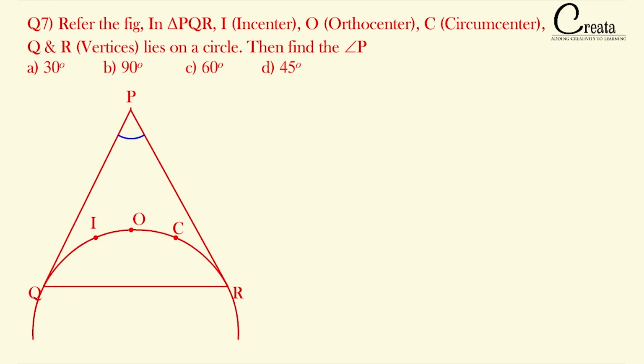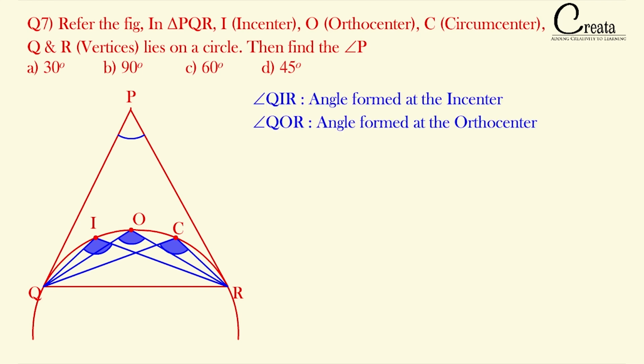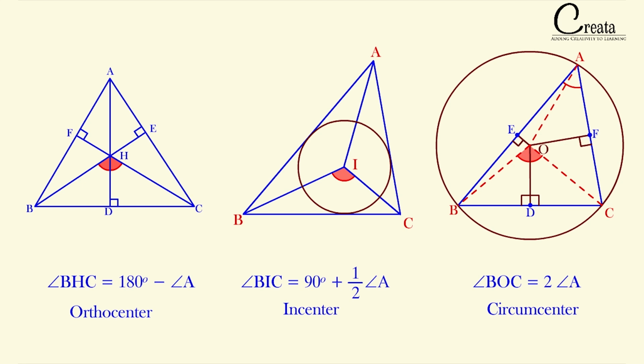Let's join points Q and R with these three points, that is I, O and C. Are you able to observe three angles are formed? Angle QIR, angle QOR and angle QCR. These are the angle formed at the incenter, the angle formed at the orthocenter and the angle formed at the circumcenter. And we know the formula of these three angles. Okay, we have done it in the comparison lecture also.